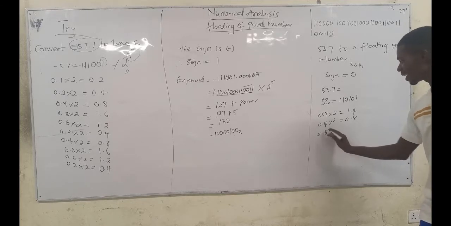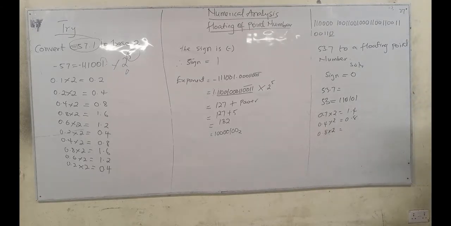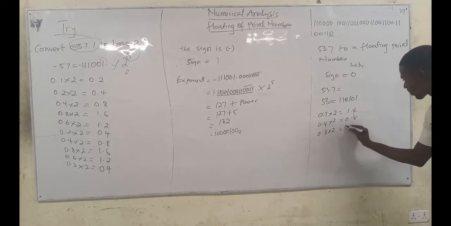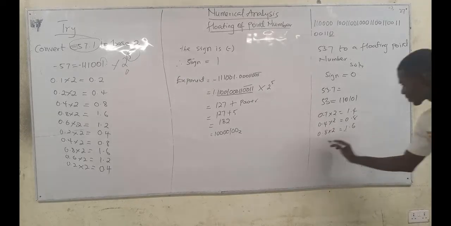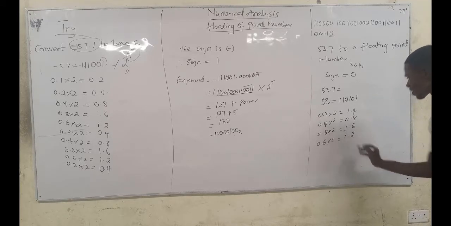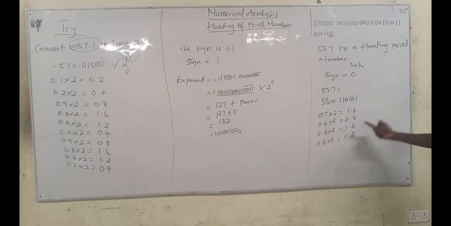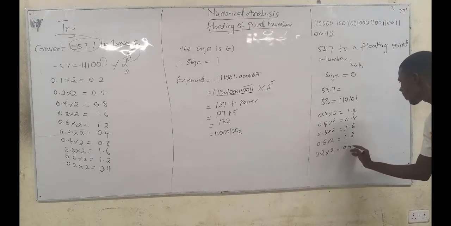Then 1.6. It's an even number. As long as you see an even number, it will never end. It will continue. So 0.2 times 2 and so on.